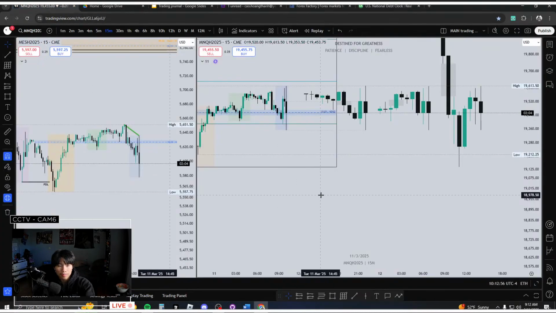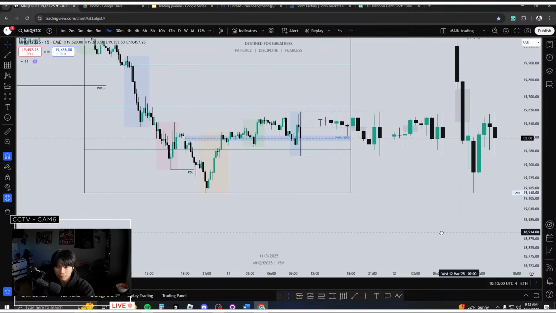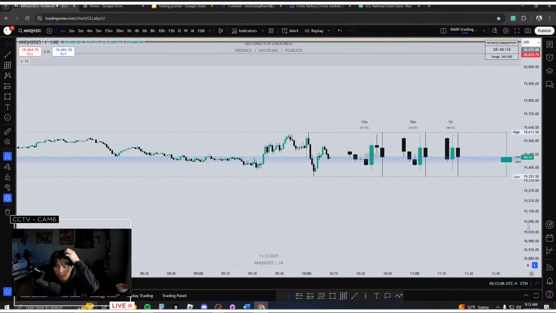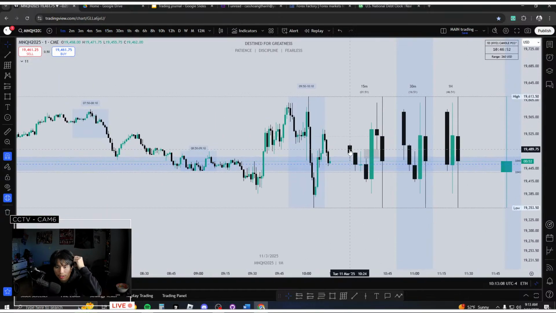And yeah, so going back into the charts here, turns out that after we traded back into the 15-minute fair value gap, as I'll show you guys here, we traded into the 15-minute fair value gap, we ended up taking out the hourly high and the 4-hour high, but then right after we took out the 4-hour high, we reversed.